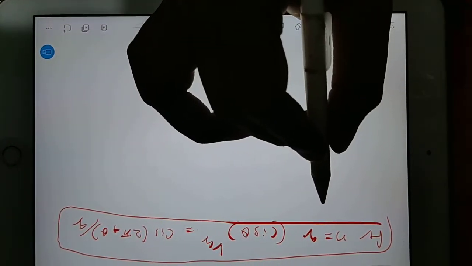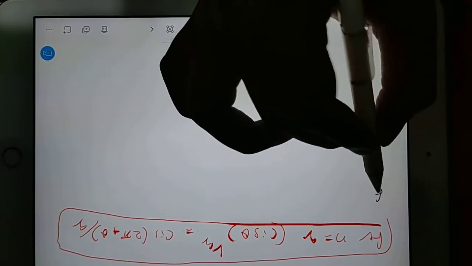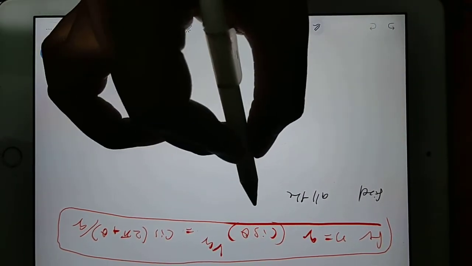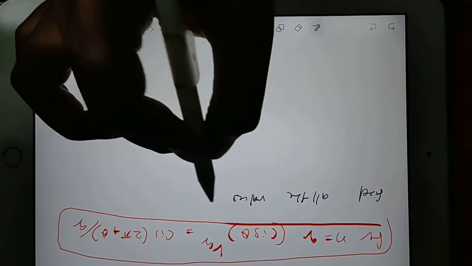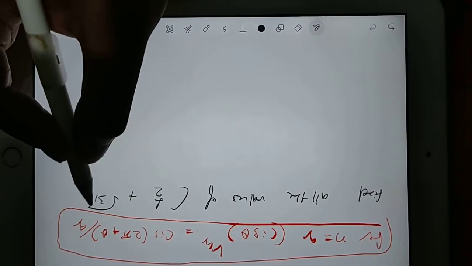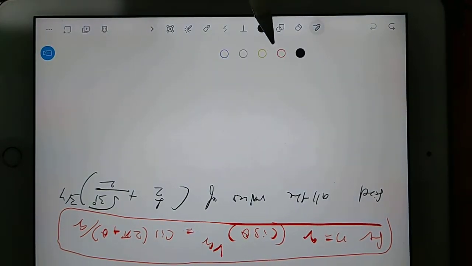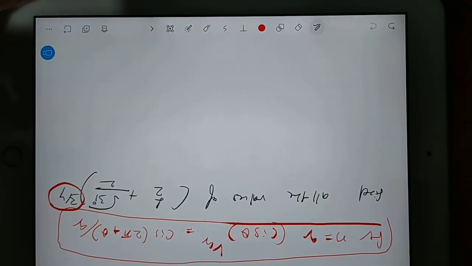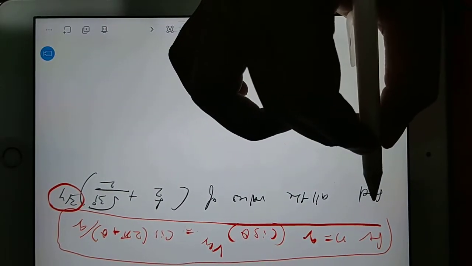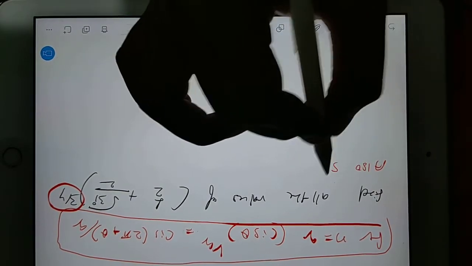We'll take one small question and we can solve that. Find all the values of (1 by 2 plus root 3i by 2) whole power 3 by 4. Now see here 3 by 4 is coming. Also extend the question.